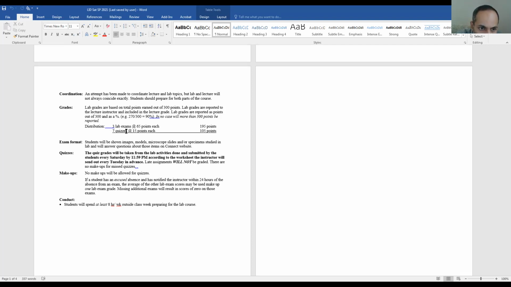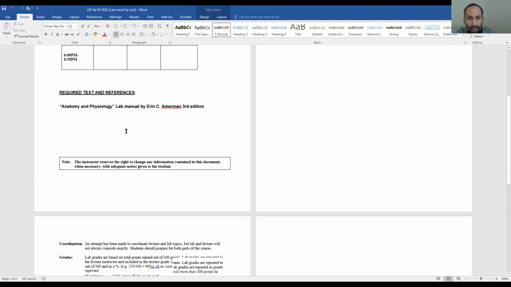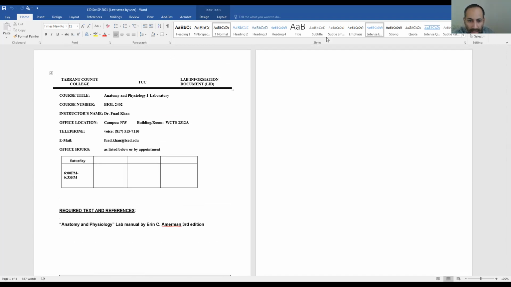There are no makeups for missed quizzes. All right. And then again, if a student has an excused absence and has notified the instructor within 24 hours of the absence from an exam, the average of the other lab exam scores may be used to make up for 1 lab exam grade. Again, depending on individual cases. Missing additional exams will result in scores of 0 on those exams. Okay. All right. So that was the syllabus.